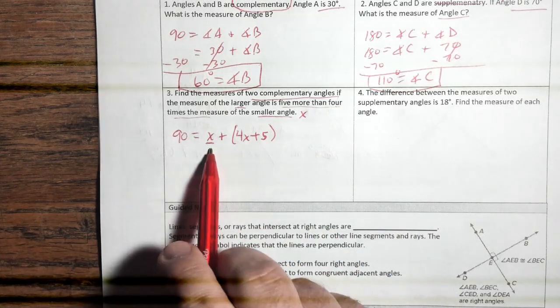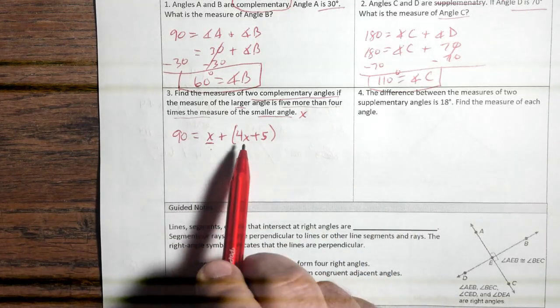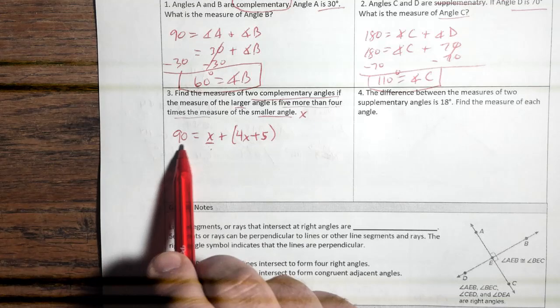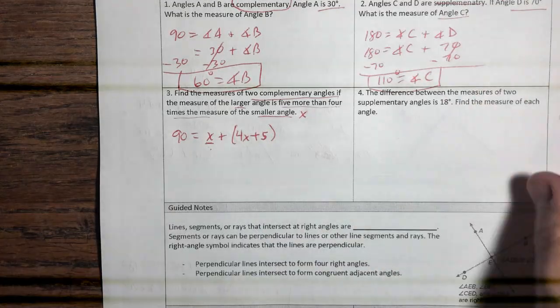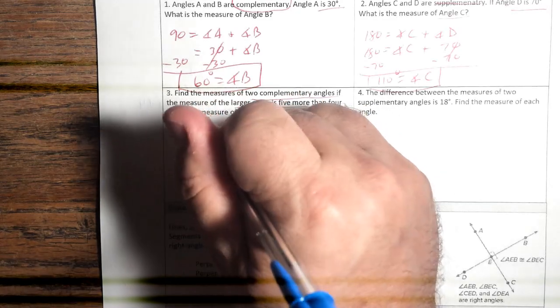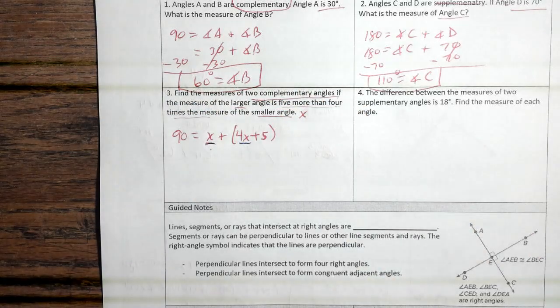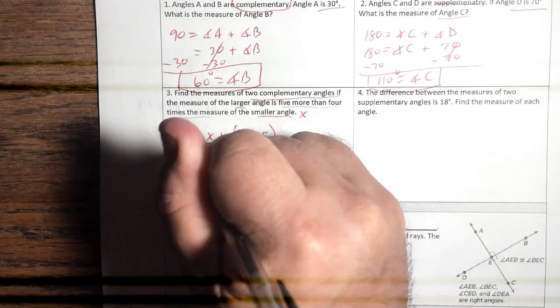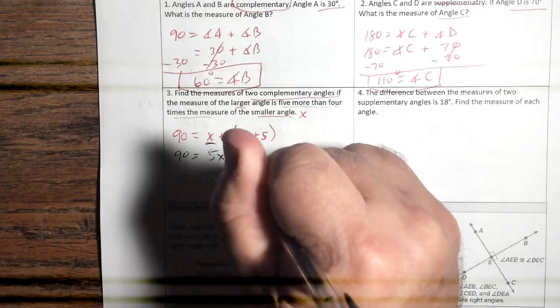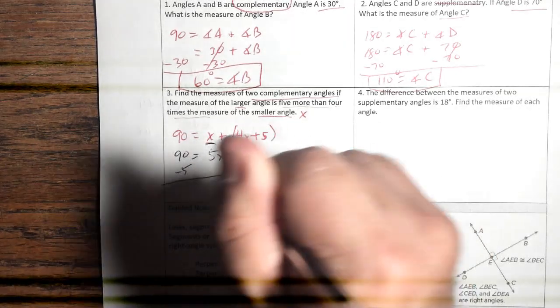So smaller angle is x, this is our larger angle, they're complementary so they equal 90. So let's combine like terms. We have a 4x and an x. Change color here, so 5x plus 5. 90 comes down. Subtract the 5, both sides.